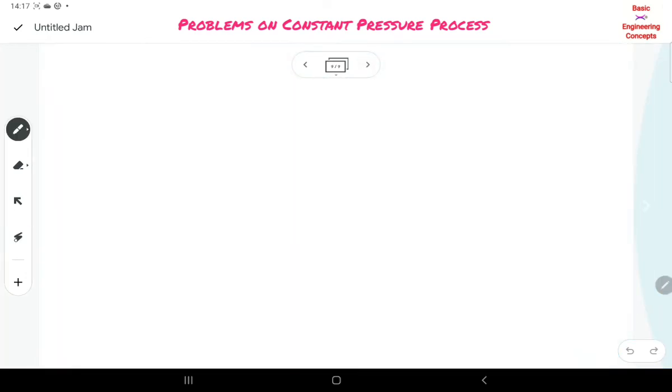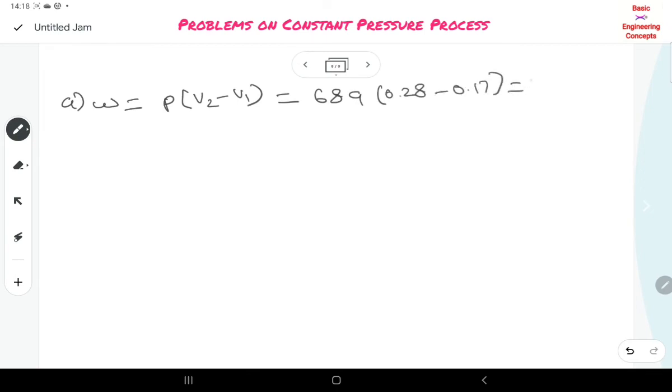So first one is the work done. Work done is equal to P into V2 minus V1, that is 689 into 0.28 minus 0.17, which is 75.8 kilojoules.